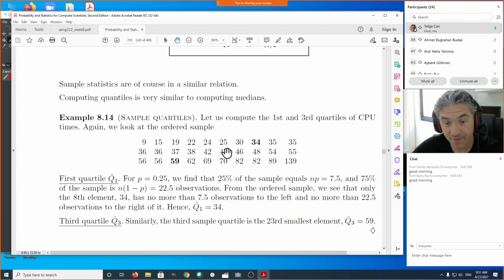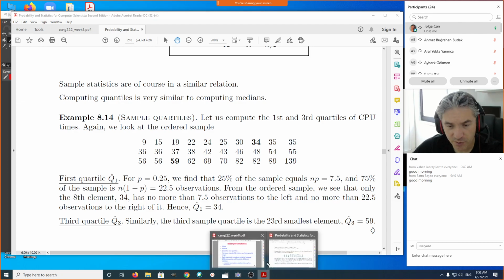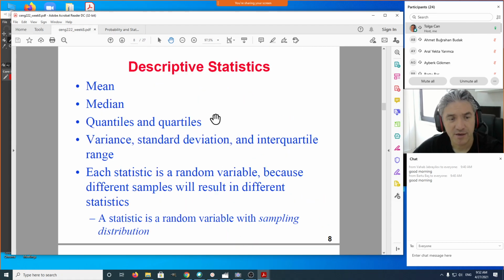Since 42.5 is not a data point in our sample, if we are to choose a data point from our sample as the median, we have to choose either 42 or 43. Both will be fine. All right, so this was median, quantiles, quartiles.